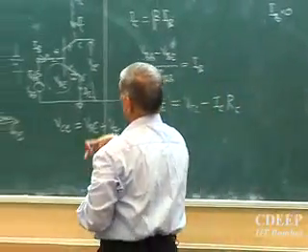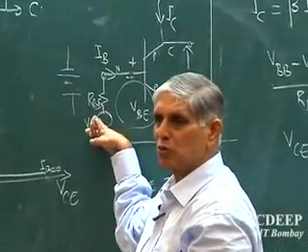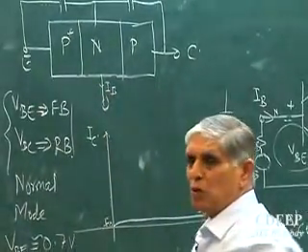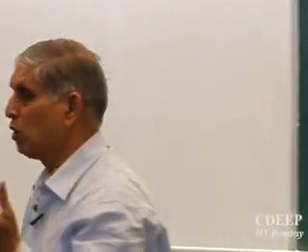If you say VBB is increasing, so that there is a sufficient IB flowing through this, and if IB has to flow from here, obviously there must be recombination in the base, which essentially means some holes must have appeared from the emitter junction and most of them have passed to the collector and a small amount have recombined to give me the base current, which means the base emitter junction must be sufficiently forward biased to create a reasonable number of holes injected into the base.